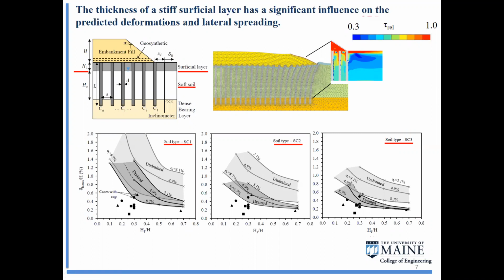If I focus your attention to the top right, this increase in the rate of deformation with decreasing thickness of the stiff surficial layer coincides with full mobilization of passive resistance or shear strength in that shallow layer, okay? Which I'm illustrating by showing the relative shear strength mobilized in the soil at this condition.